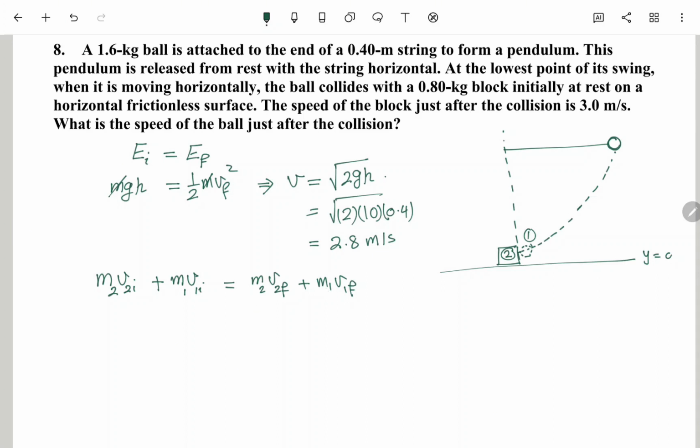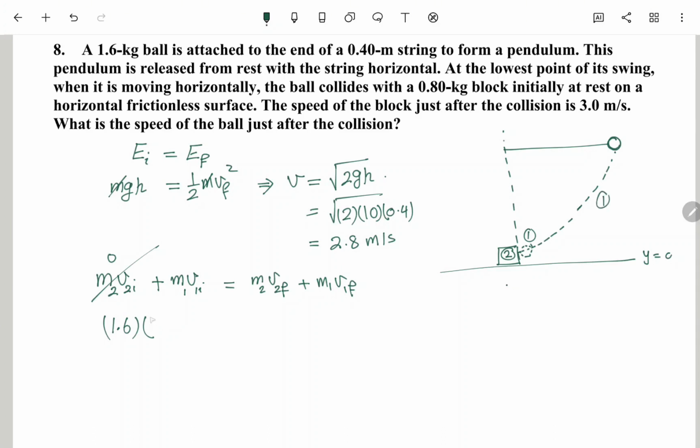Now, the block is initially at rest, which means V2 initial is equal to 0. M1, the mass of the ball, is 1.6 times the initial velocity of the ball, which is actually the final velocity of the first stage, assuming this is the first stage and this is the second stage.